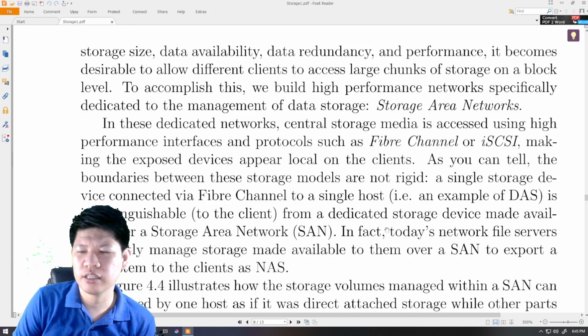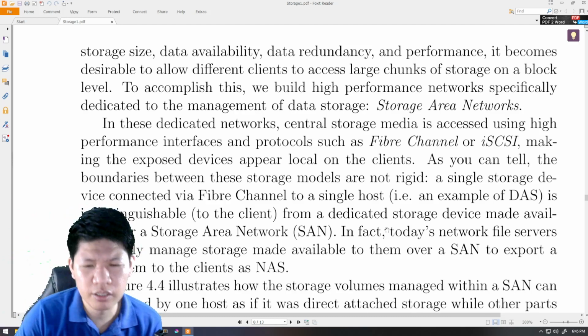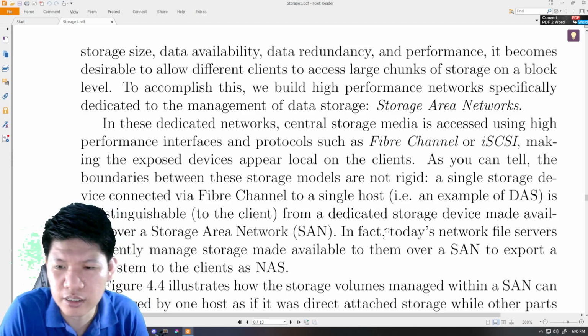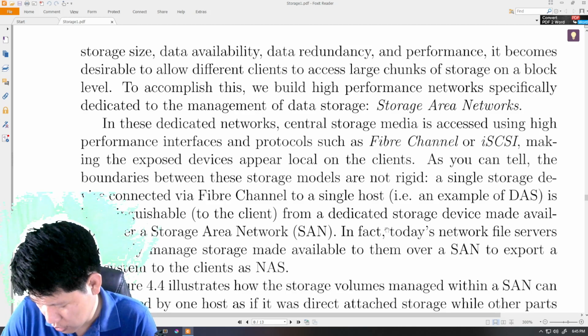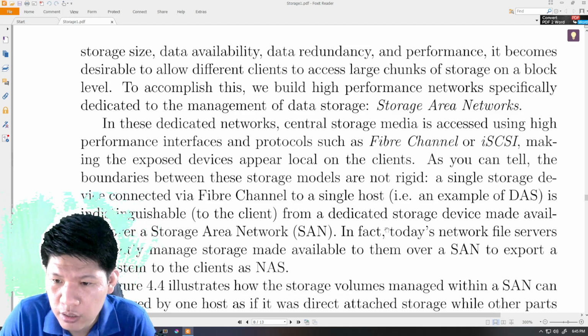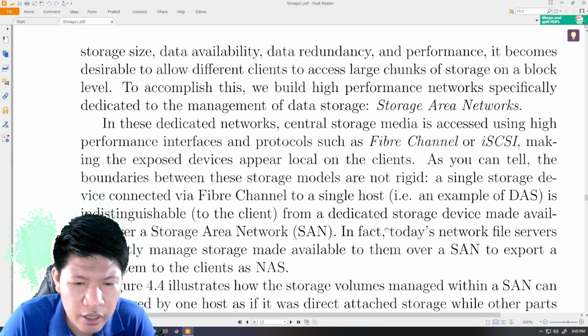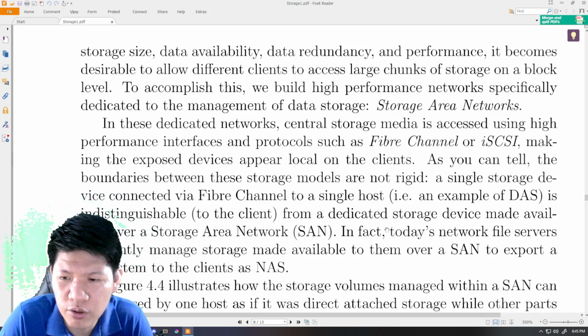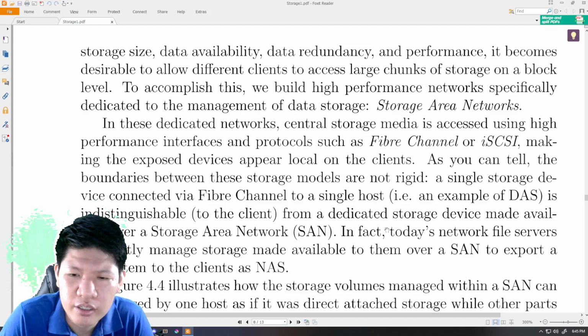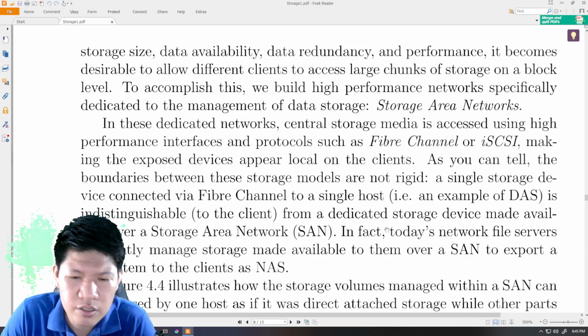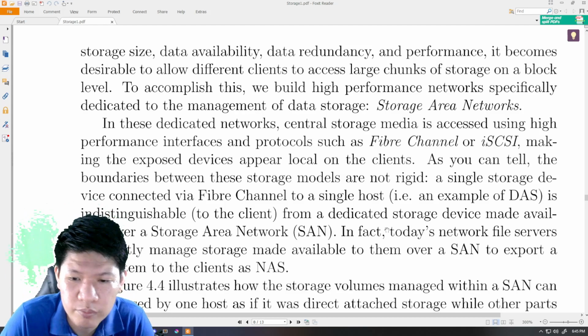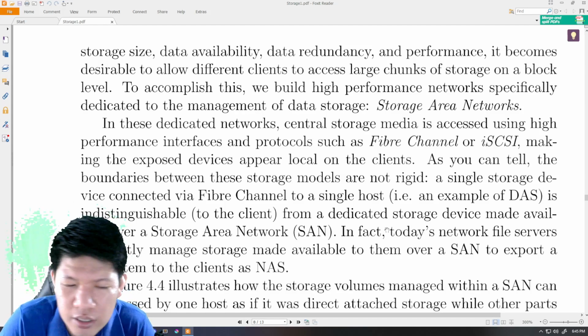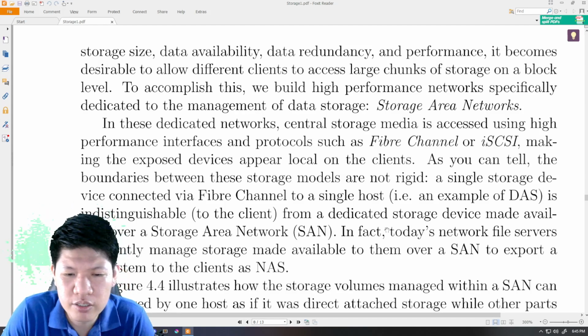And as you can tell, the boundaries between these storage models are not rigid. A simple storage device connected by a fiber channel to a single host, like for example our direct attached storage, is distinguishable to the client only from the dedicated storage device made available over the storage area network.